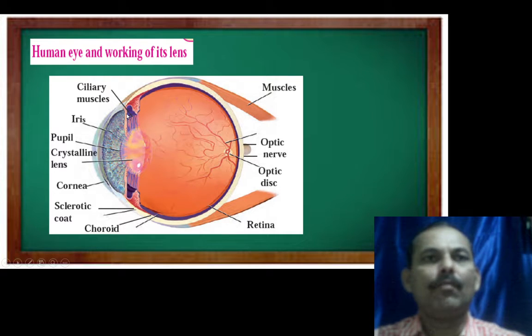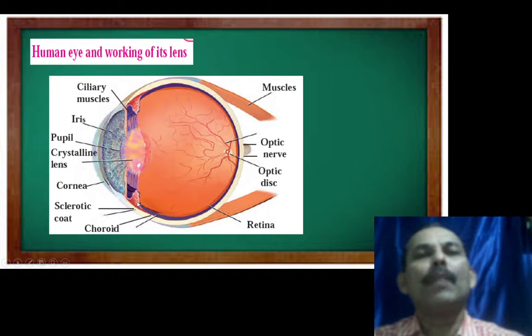And for maintaining the size of this eye lens, these are the ciliary muscles. So these are some major parts of the human eye, and here optic nerves which conduct the message towards the brain.